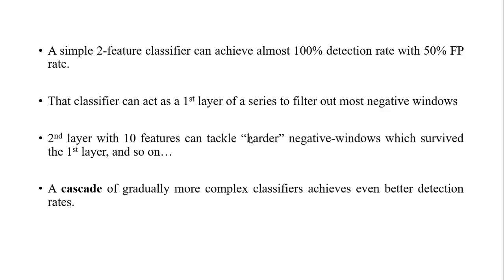This false positive rate refers to the expectancy of the false positive ratio. Now, going back to the explanation, a cascade of more complex classifiers achieves even better detection, implying that if a classifier has multiple stages, then the detection rates will improve greatly.